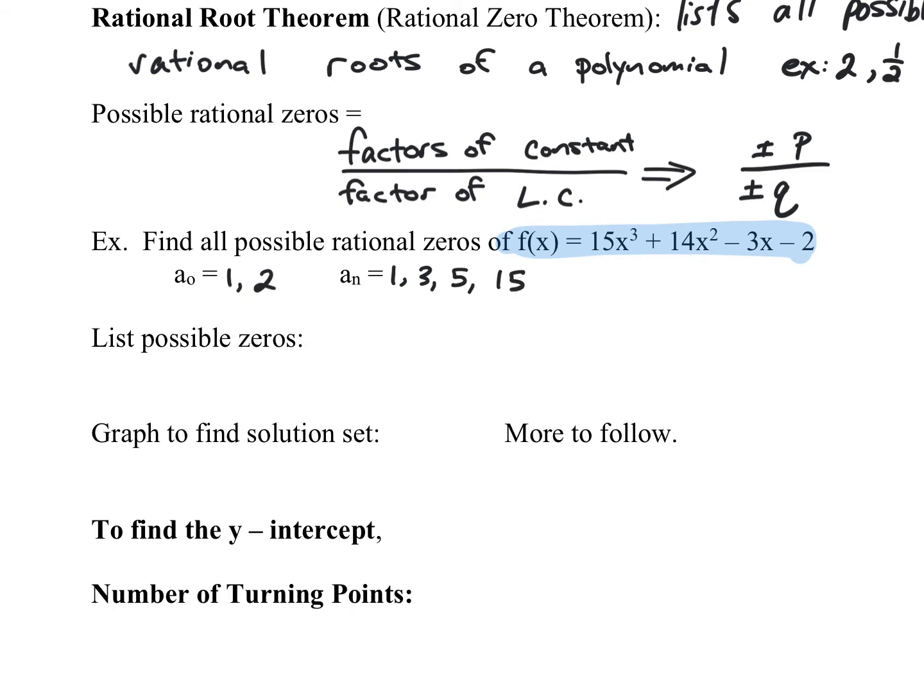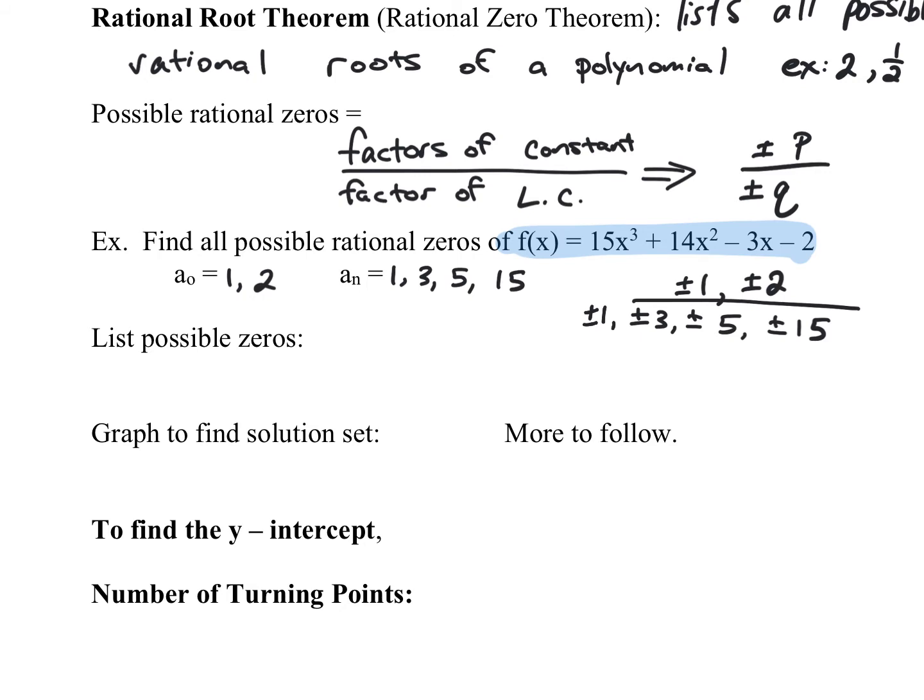And if I want to figure out all the possible rational roots, it would be plus or minus 1 or plus or minus 2, and all the combinations we could create with the factors of 15. I think I skipped over plus or minus 1 here.